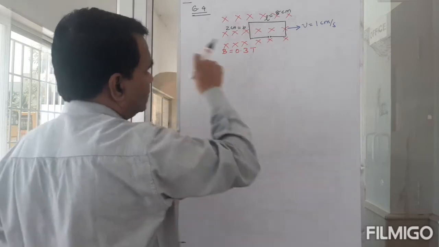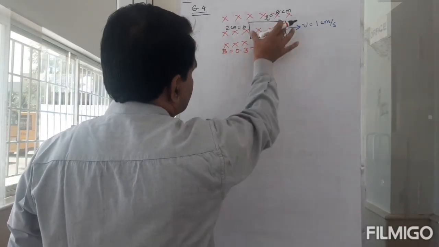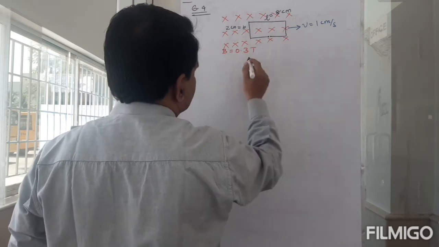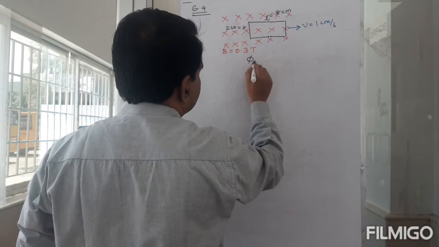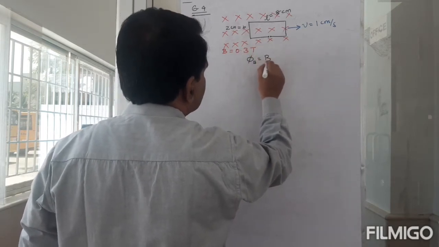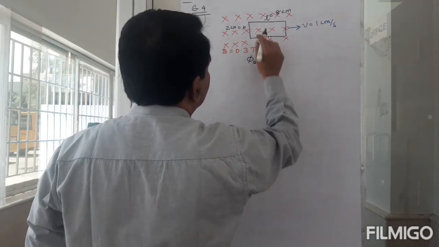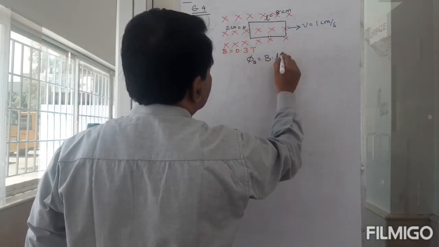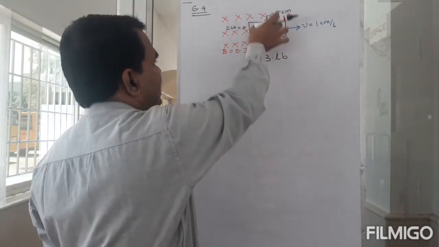Okay, let's see. So what's the flux now? The flux now, before it just gets out, is phi B equal to B, capital B, times L times b, the area.